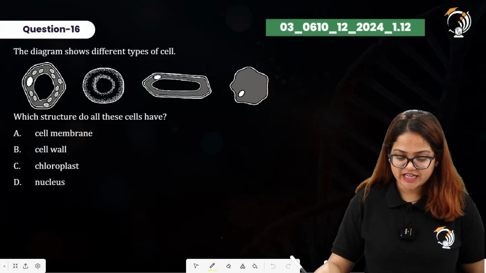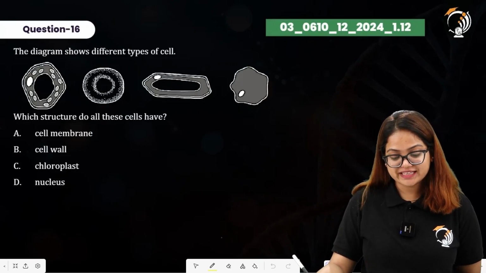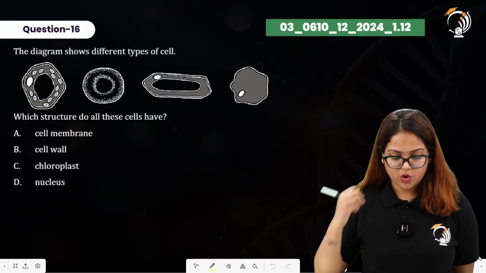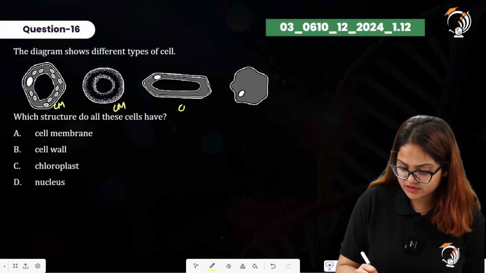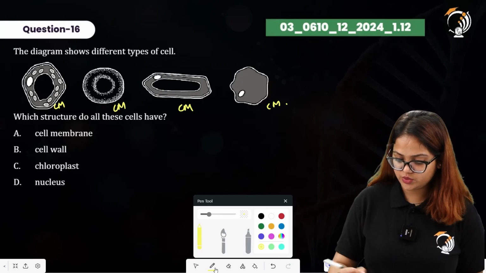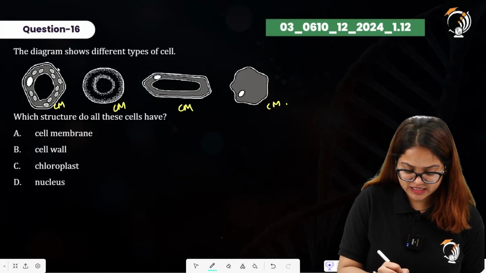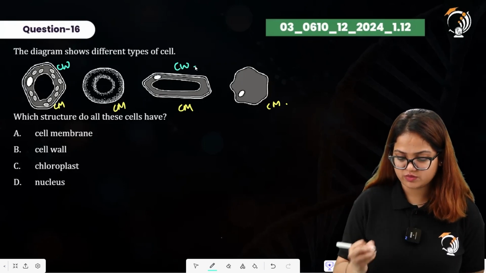The diagram shows different types of cells. Which structure do all these cells have? So all of these cells have a cell membrane. Cell membrane is there, here, here, and here. Though these two cells have a cell wall.